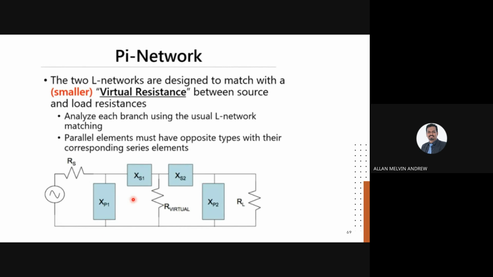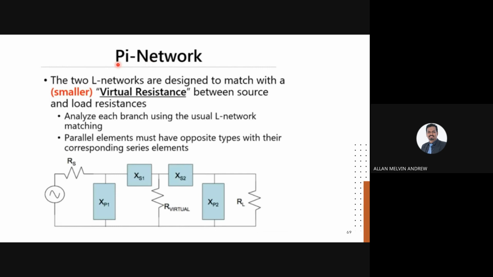That's how we do the analysis, because if we do the analysis like this, it will be very tough. You need to combine these two first, then combine these three, then combine these two, in order to get the resultant resistance that you can apply.